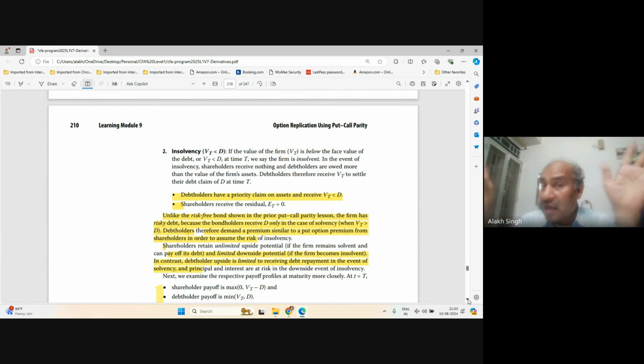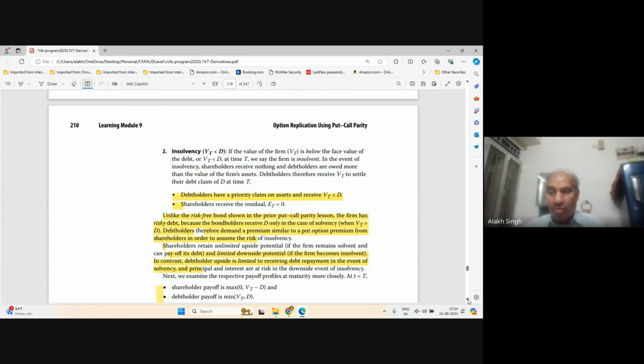A call has unlimited potential, so it means the debt owners haven't sold the call. So what can they sell? Then only the put is left. So they will sell the put. The put premium, they will put in their pocket today, and then they will lend. In the eyes of the company, they have given a loan, and in order to cover some credit risk, because it is not a risk-free loan but a risky loan, they sold the put to the stockholders.